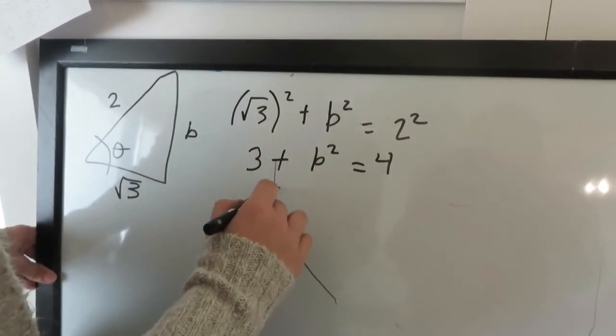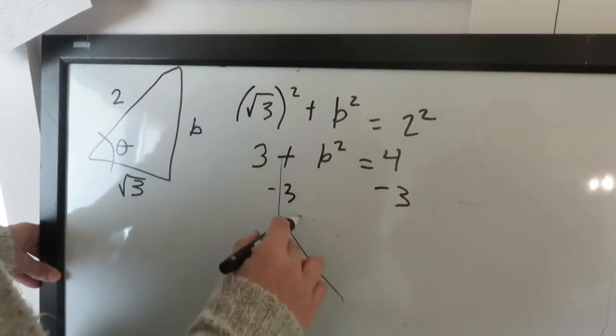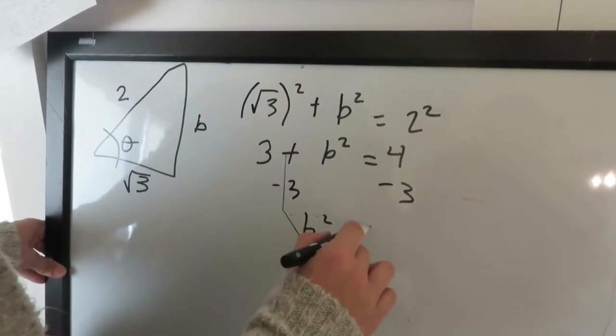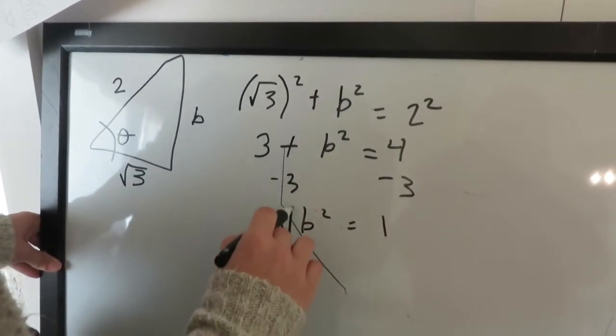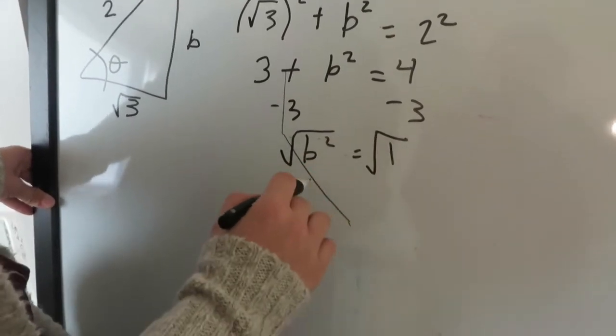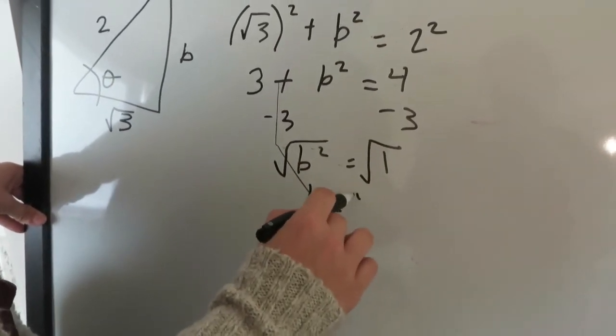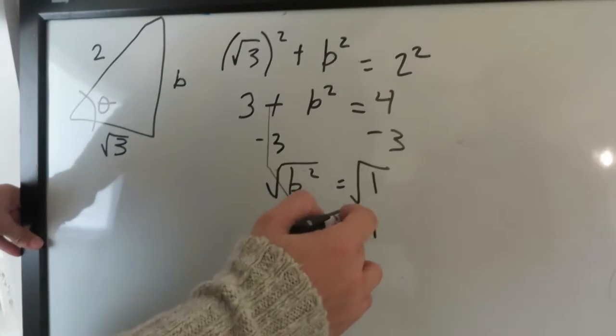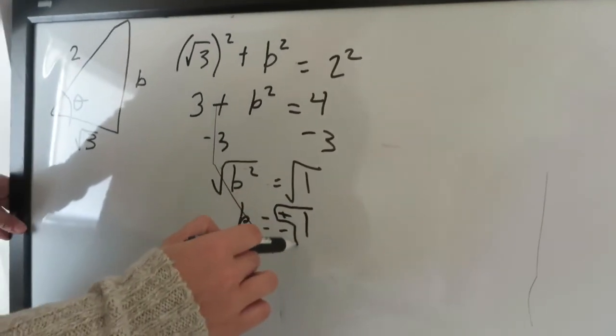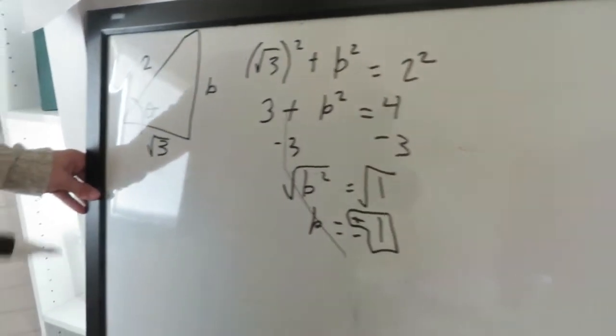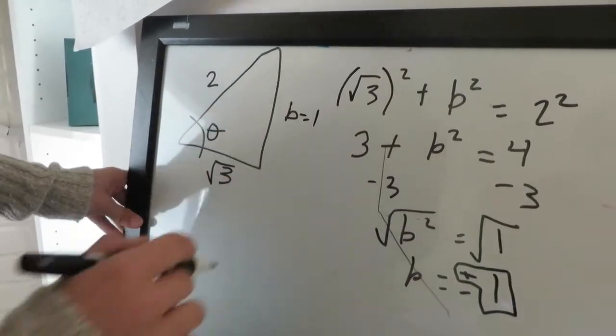And then minus 3, b squared equals 1. Take the square root of that, and you have b equals plus or minus 1, but only the positive one matters. So you have b equals 1.